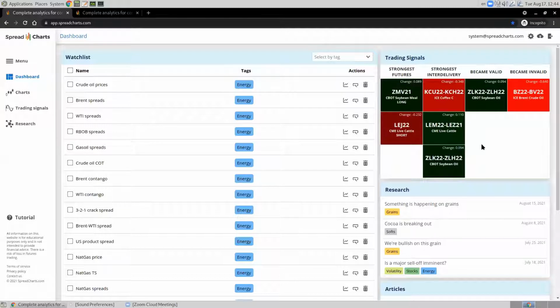Okay. So let's see what they look like. So here we are. We are in the app. Basically, it's an analytical app focused on medium to long-term analysis of commodity markets. We have data even for financial futures like stock indices, interest rates, bonds, and so on. But commodities are the main focus.